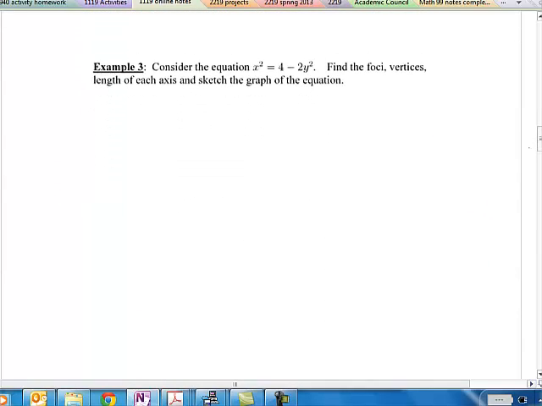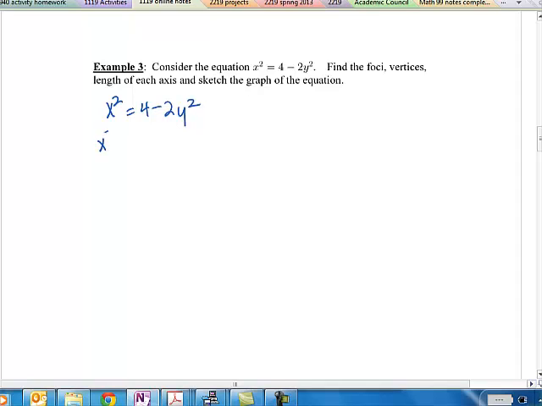All right, the next one, consider the equation x squared equals 4 minus 2y squared. Find all the key features and sketch the graph of the equation. So we've got x squared equals 4 minus 2y squared. Key is first to get the equation into standard form, which means we want the x squared and the y squared terms on one side and a 1 on the other side.